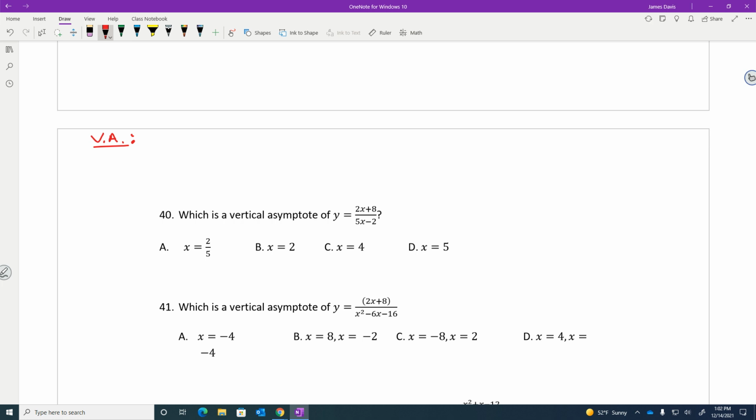A vertical asymptote is a 0 of the denominator, but it has to also not be a 0 of the numerator. So it says the zeros of the denominator that are not also zeros of the numerator.